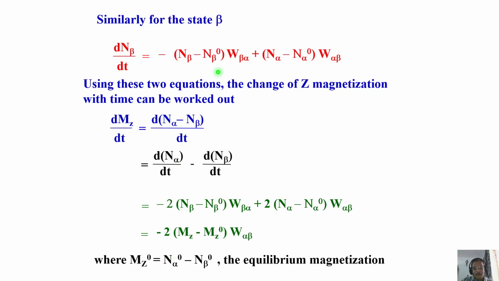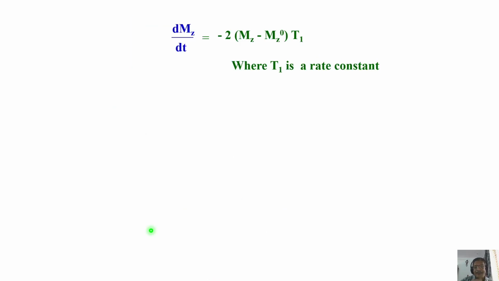We can work it out, and it is simple mathematics, not great mathematics, just simple rearrangement of the terms and arithmetic. Then you find Mz of 0 is equal to n alpha 0 minus n beta 0. This is the equilibrium magnetization. Understand? Equilibrium magnetization is n alpha 0 minus n beta 0, and the rate of change of Mz corresponds to this one. Okay, that is simple mathematics.